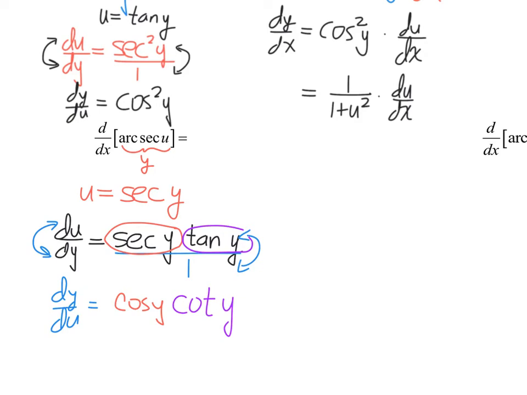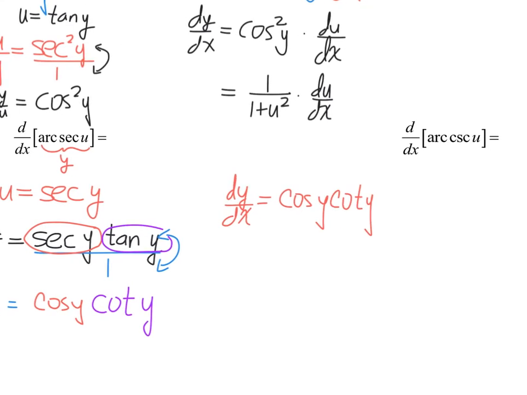If you were to convert it over completely, it's not going to make a difference one bit. You can go in any direction you want. All right, so dy dx, if we multiply both sides by du dx, would become cosine y, if I'm working with this form, cotangent y times du dx.